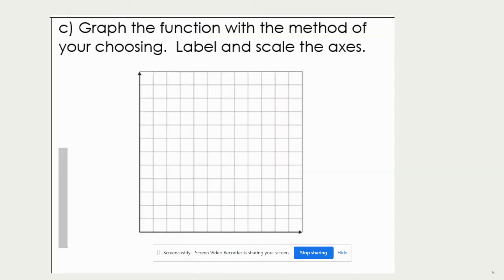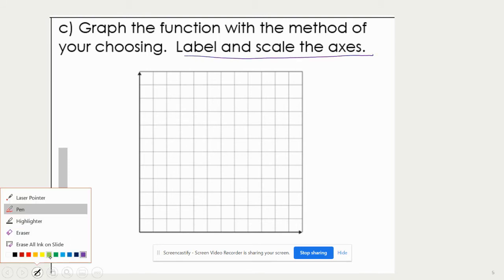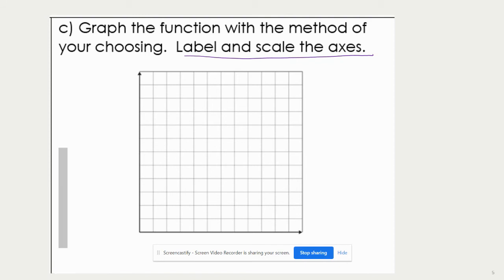Okay, we not only have our graph here, but we have to make sure we label and scale our axes. What that means is our y is distance traveled in miles. And I am going to have this go by 70s.